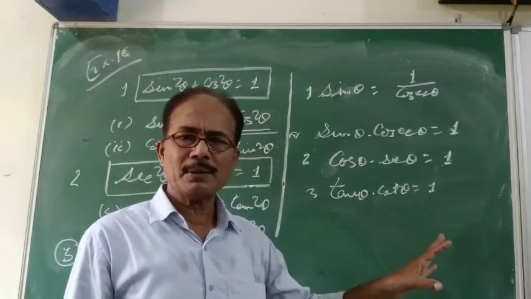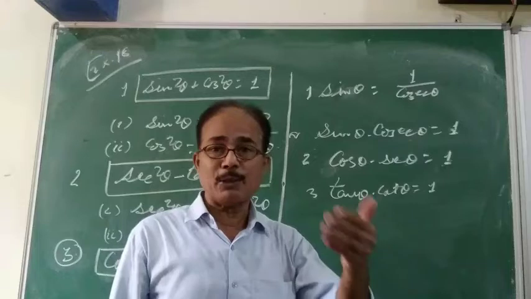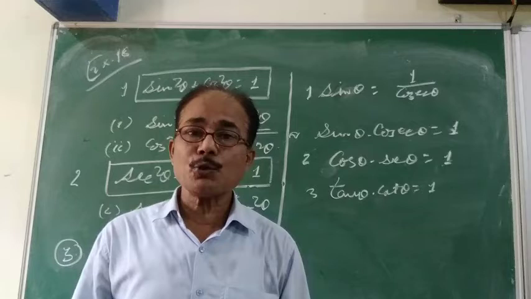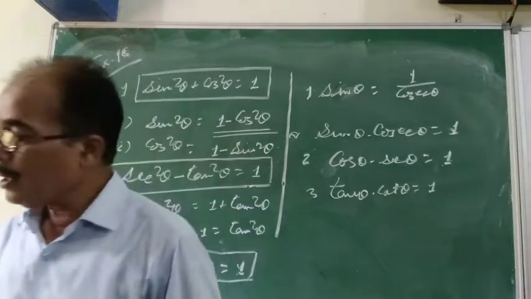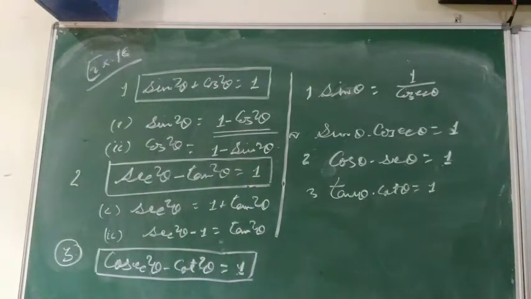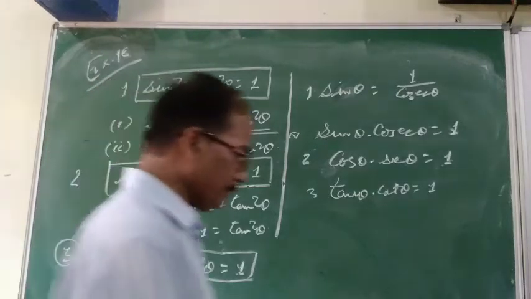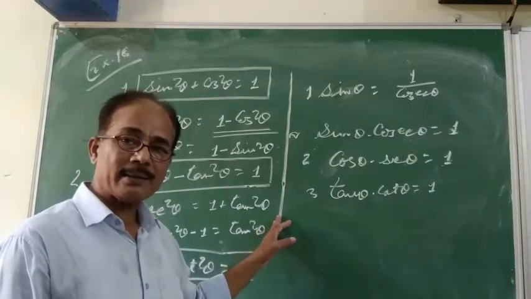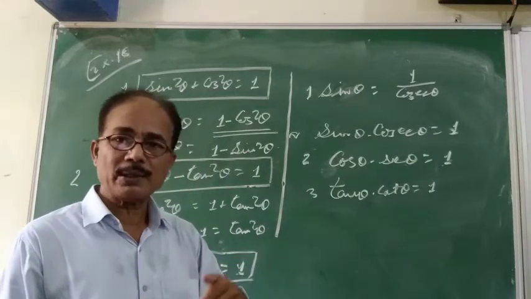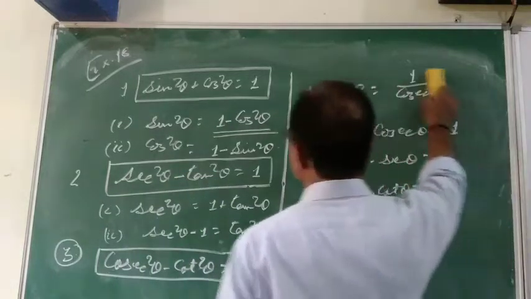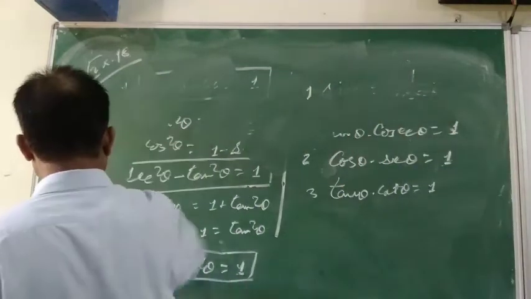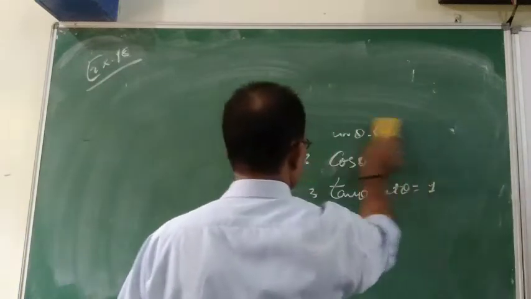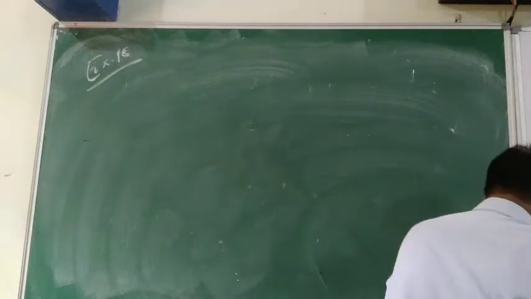Remember it. Now we will discuss some questions, and you look at how we will proceed in a particular question to prove it. Children, question number 10, second part. You write down the question and look at how these formulas or relations are applied to prove it. Question number 10.